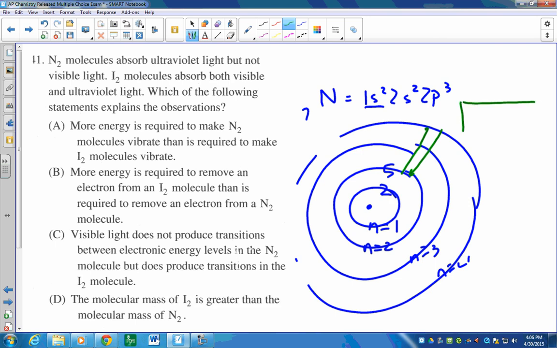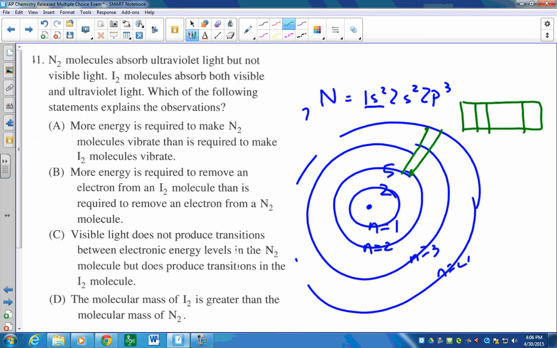You remember way back last year we had spectrums with little flashes of color. So this is about when you shoot energy at an atom, you either make the electrons jump around and they absorb and release energy based on how they're jumping between levels, or you knock them out, and that's what a PES is.